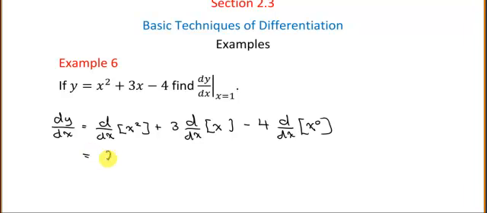This would be 2x to the first, using the power rule. The old exponent comes out in front, the new exponent is 1 smaller, so it's 1, plus 3 times, well, this is x to the first, so it would be times 1 times x to the 0. X to the 0 is, of course, 1, minus 4 times, using the power rule, 0, x to the 0 minus 1, or negative 1.